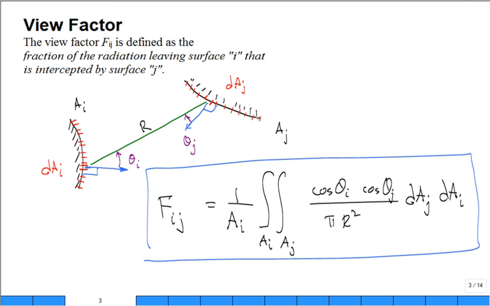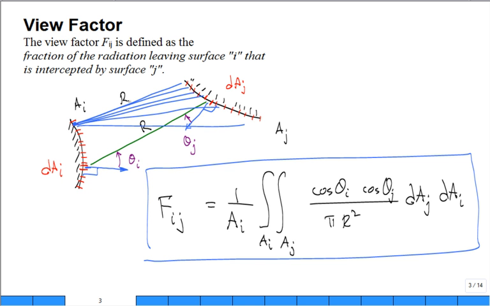Then I would go to the first segment of area I, and I would draw a line to the middle of each segment of area J. So it'd go like this, then like this, then like that, all the way to the very last one. Then for each of those line segments, I'd calculate not only the r, I'd calculate theta i and theta j so I could get the cosine of both of them, divide by pi r squared.